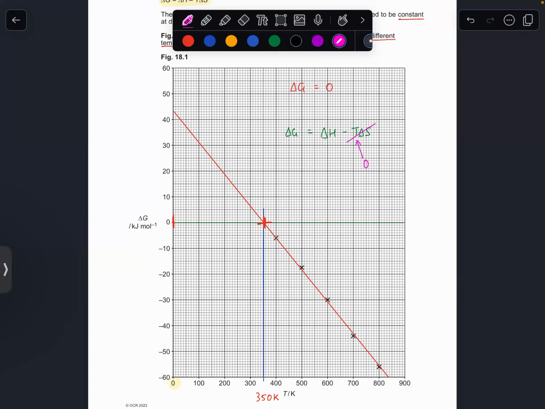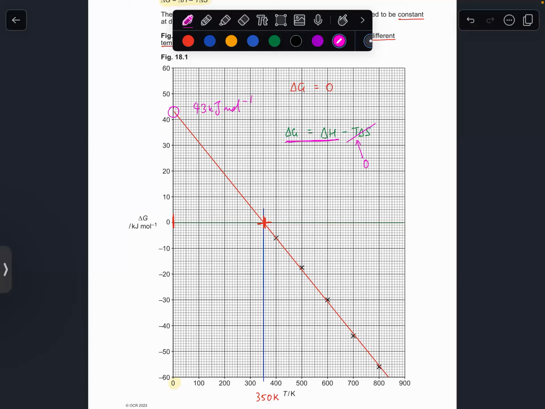So at 0 Kelvin, delta G is equal to delta H. And so delta H would be the y-intercept. In this case, that's 43 kilojoules per mole. So we've got the minimum temperature.